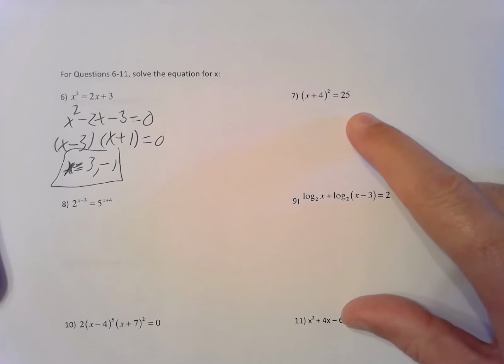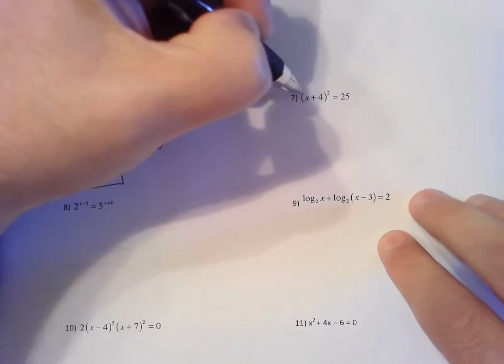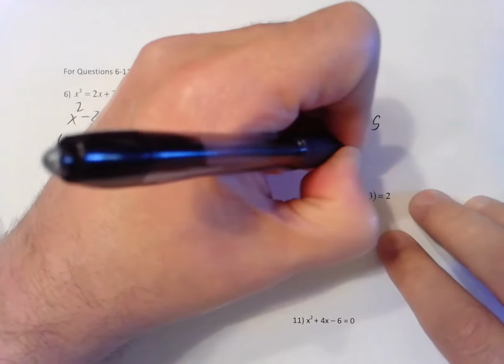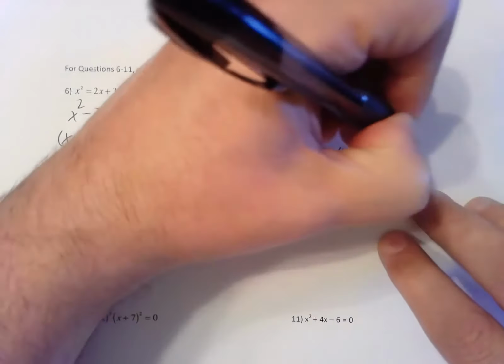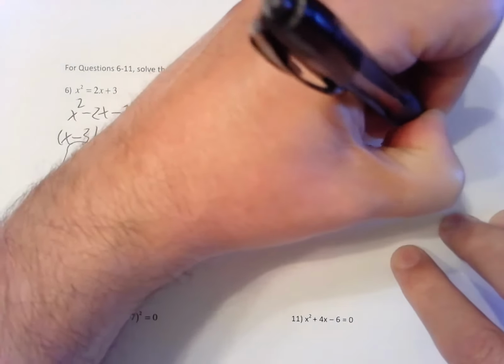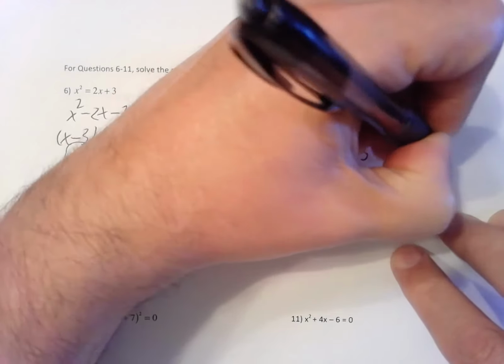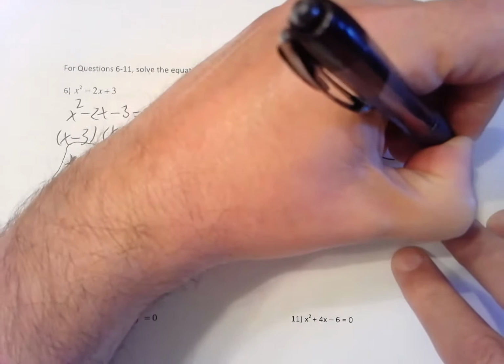Here we can use the square root property because we have stuff squared equals a number. Take the square root of both sides. Don't forget the plus or minus right there. x plus 4 equals plus or minus 5. So x is -4 plus or minus 5. -4 plus 5 is 1. -4 minus 5 is -9.